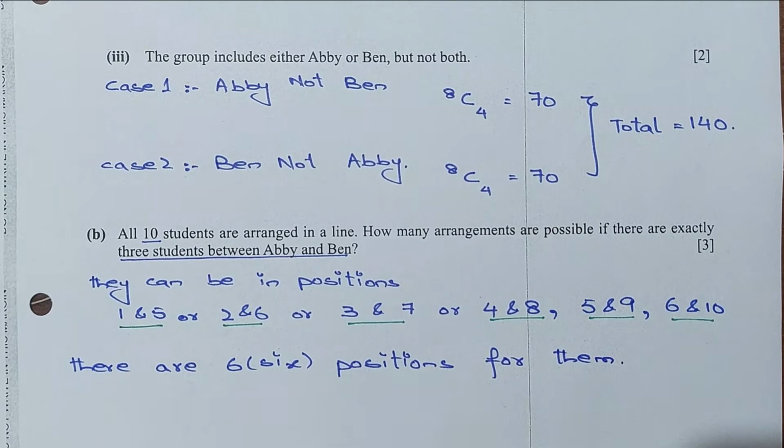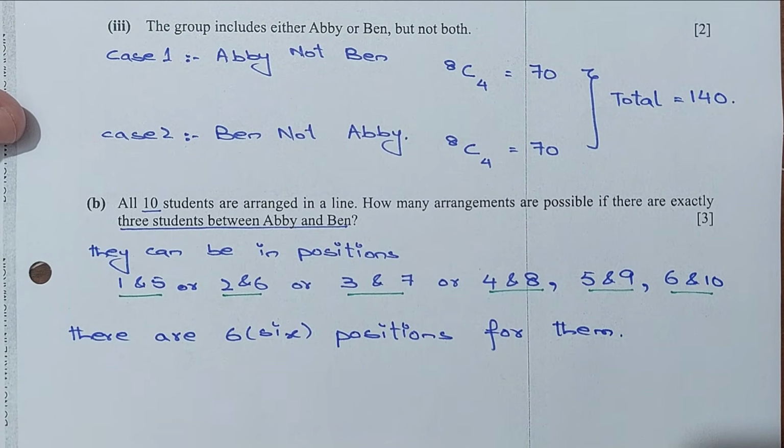Since their order could be different, Abby followed by Ben, or Ben followed by Abby, the total positions could be 2 times 6.